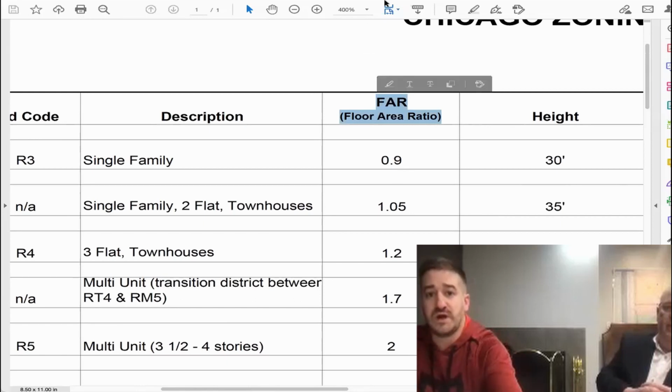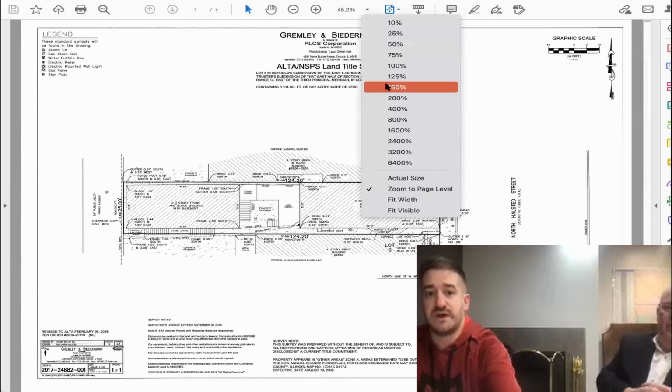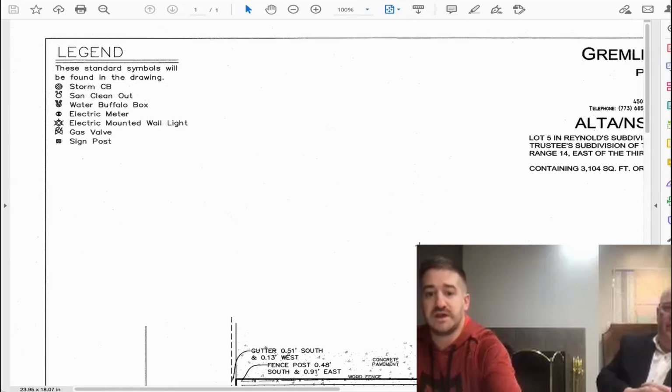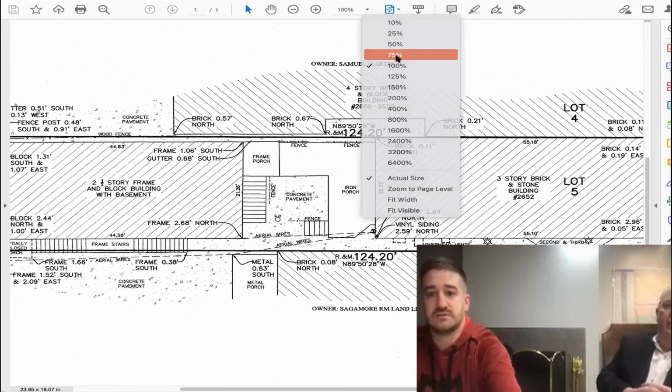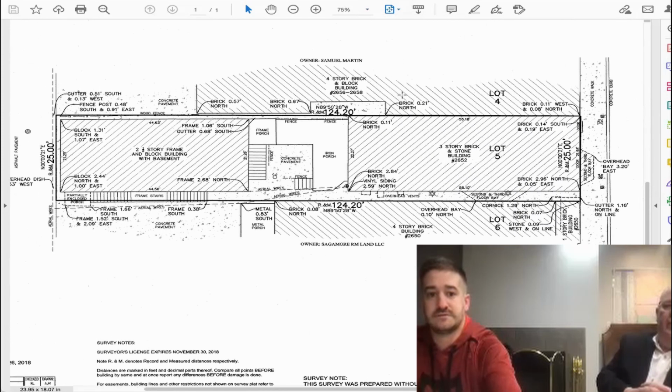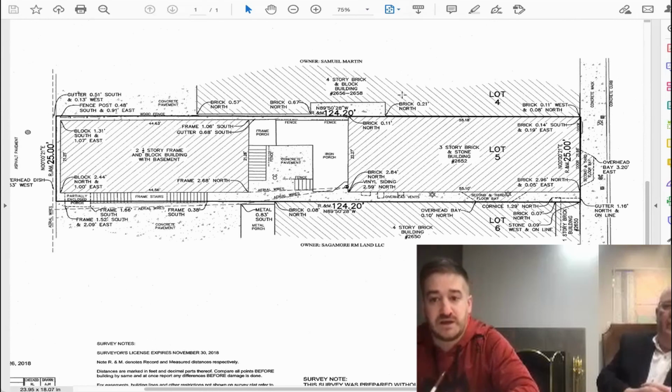What developers do here is they always get a survey done. So now I'm on the handout spot survey. With a spot survey, this is where you pay a surveyor to come and look at the lot dimensions.